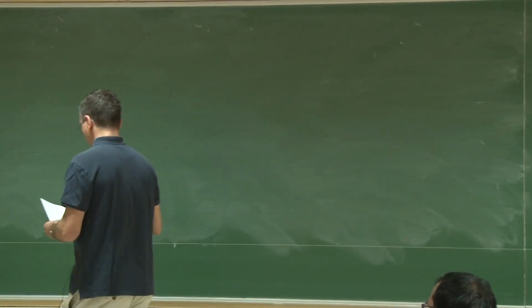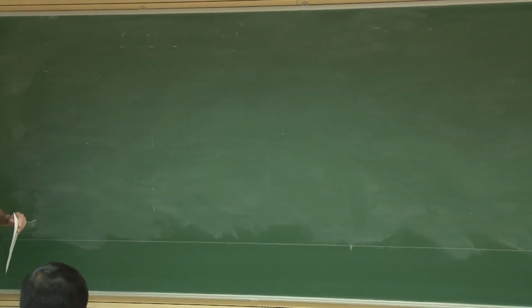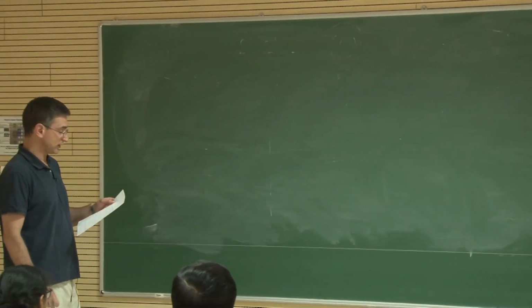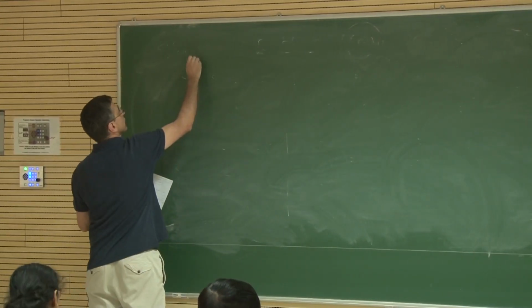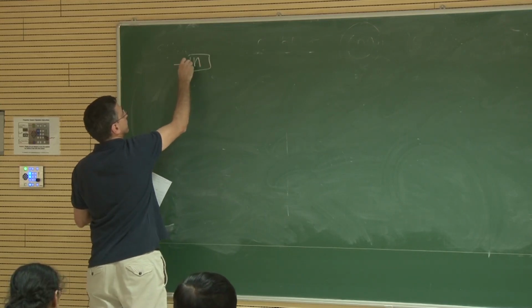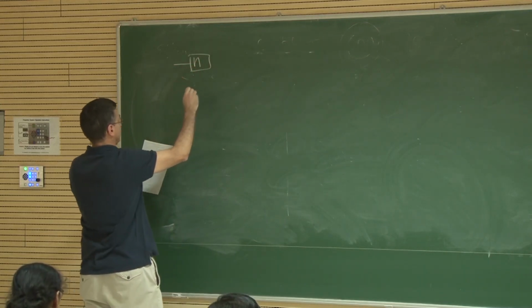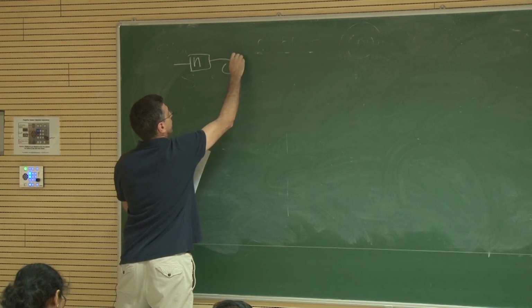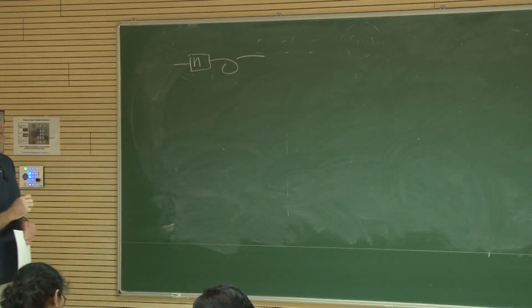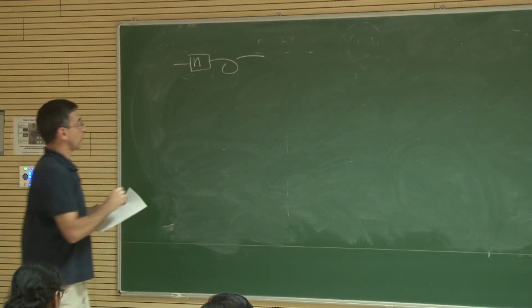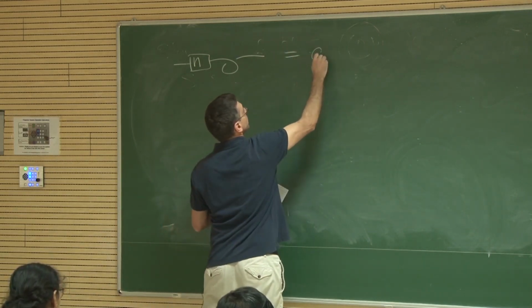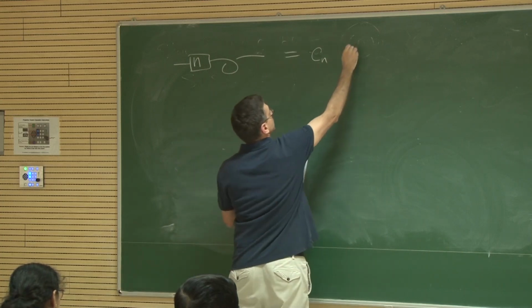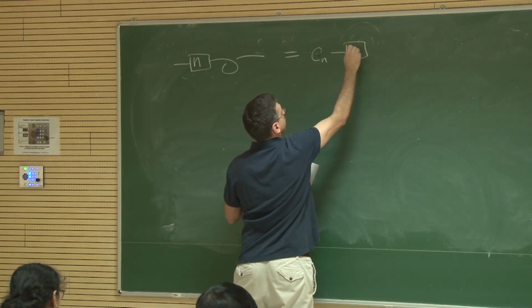Okay, so let's return to this full twist operator. What does that look like? The full twist looks like this. Let me do it sideways. This is the full twist on n strands. What we saw at the very beginning is that this is equal to some scalar Cn times this.